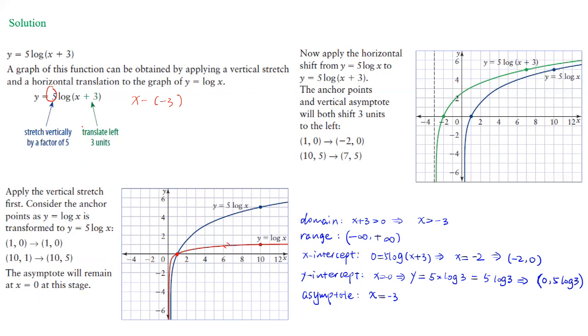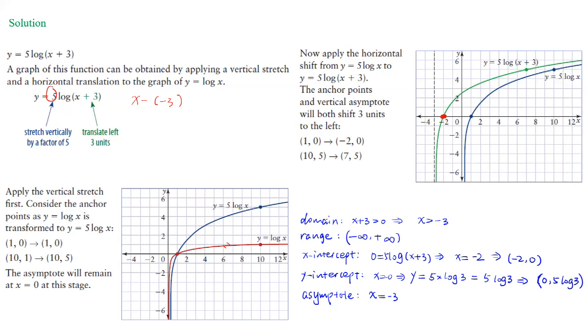Okay. Once we have done the vertical stretch, next we can do the horizontal translation. The horizontal translation is 3 units to the left. So this new graph now will cross the point (-2, 0) here. And the asymptote will move from x equals 0 to x equals -3.